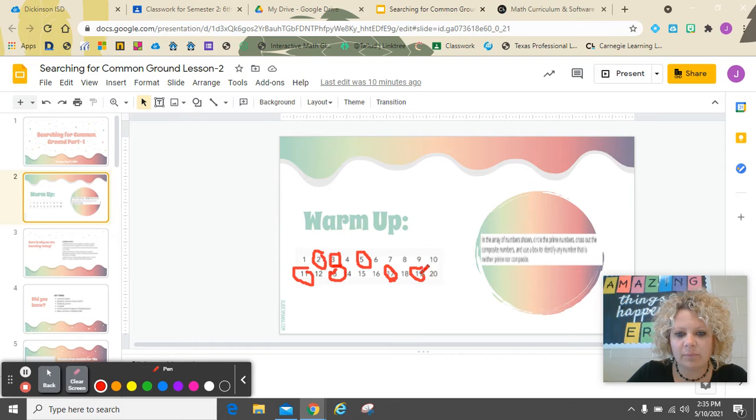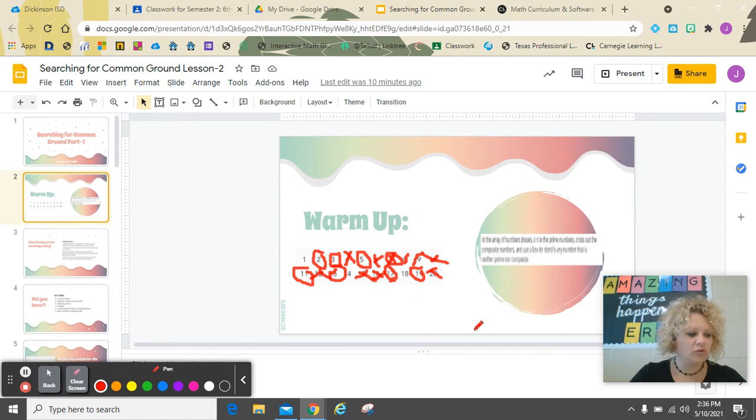Those are all of our prime numbers, where the only factors are 1 and the number itself. Then we are going to cross out all of the composite numbers, or put an X on them. Oh, you know what? I forgot to circle 7 too. Sorry guys, that should be circled. Everything else has more than one factor.